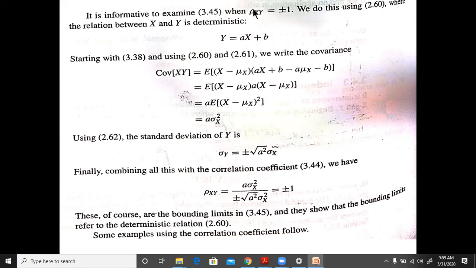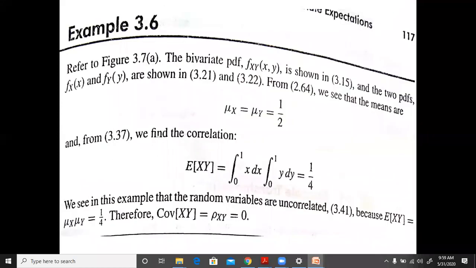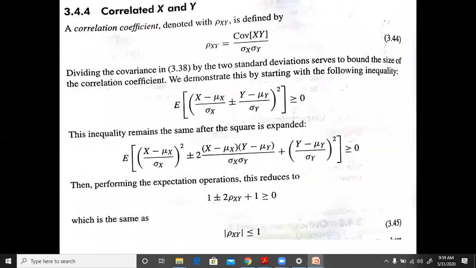If we consider rho xy equal to plus or minus 1, that is the maximum possible correlation coefficient, and equal to 1 will give us that the covariance xy is equal to sigma x sigma y.